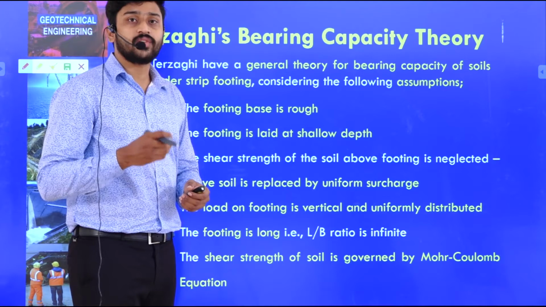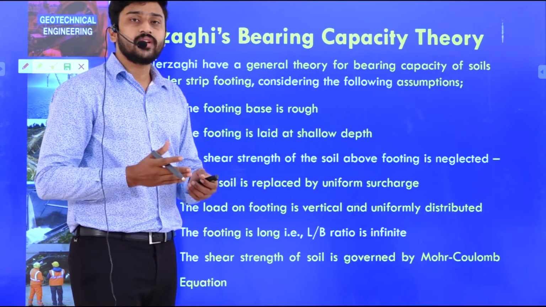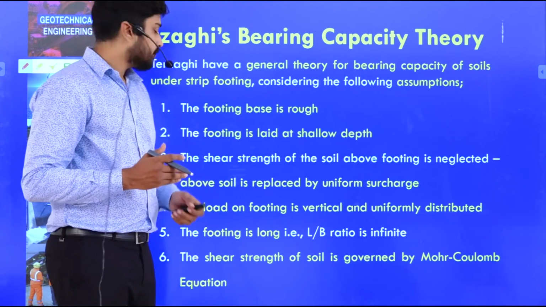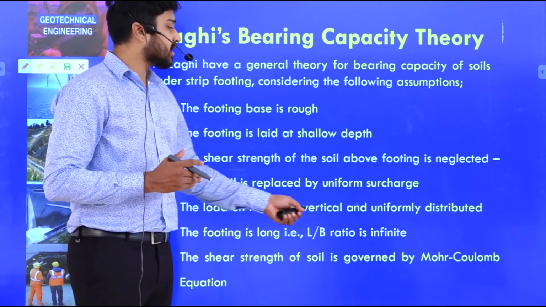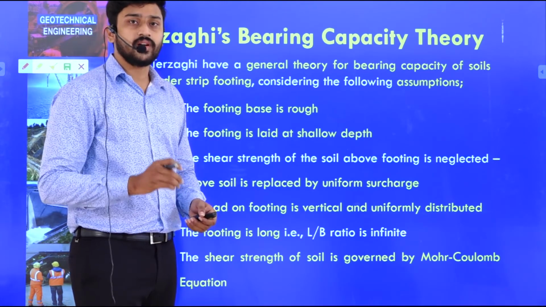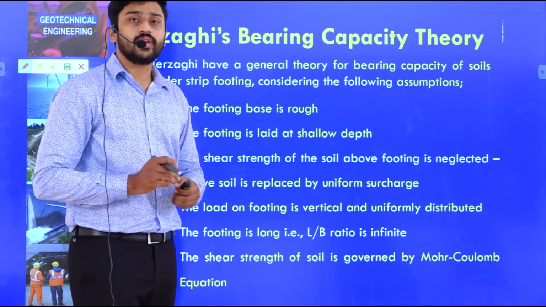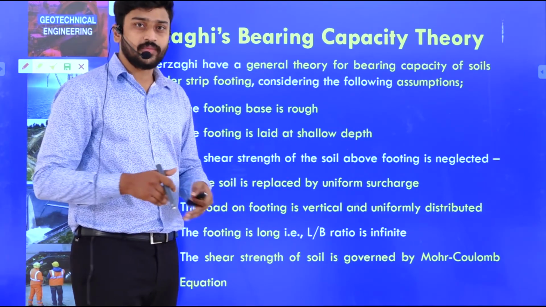That means whatever qu we have discussed till now, he has replaced the entire soil by a surcharge load. And the load on the footing is vertical, so whatever load is coming through the footing is vertical, and it is uniformly distributed onto the soil along the strip footing area.